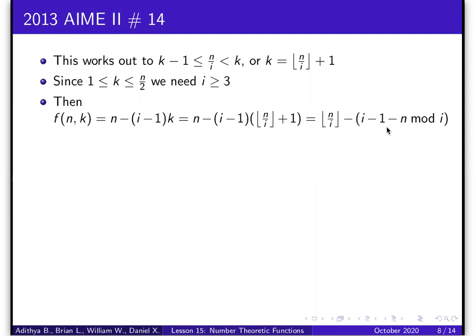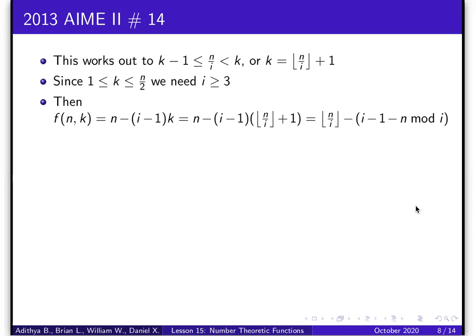If you take n minus i floor of n over i, that's equivalent to just taking the remainder n mod i, which is where that term comes from. And then the i minus 1 just comes from the i minus 1 times 1.